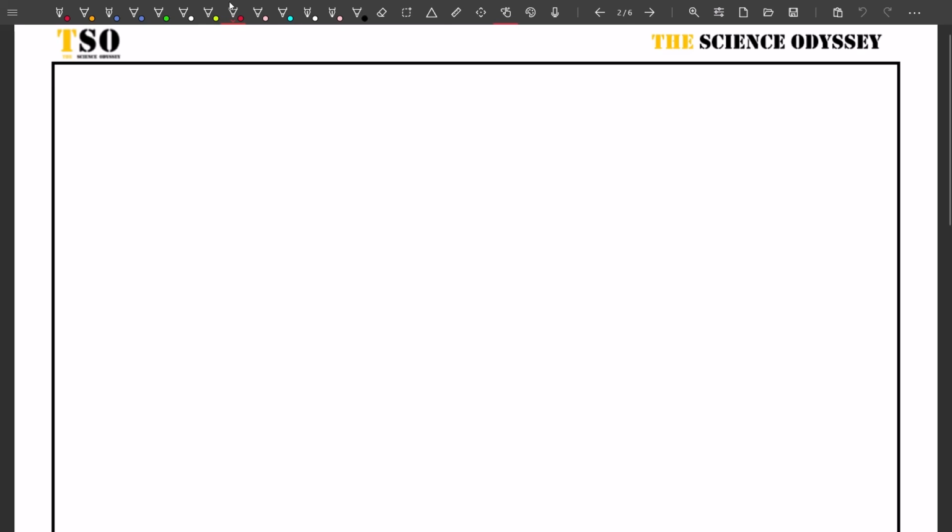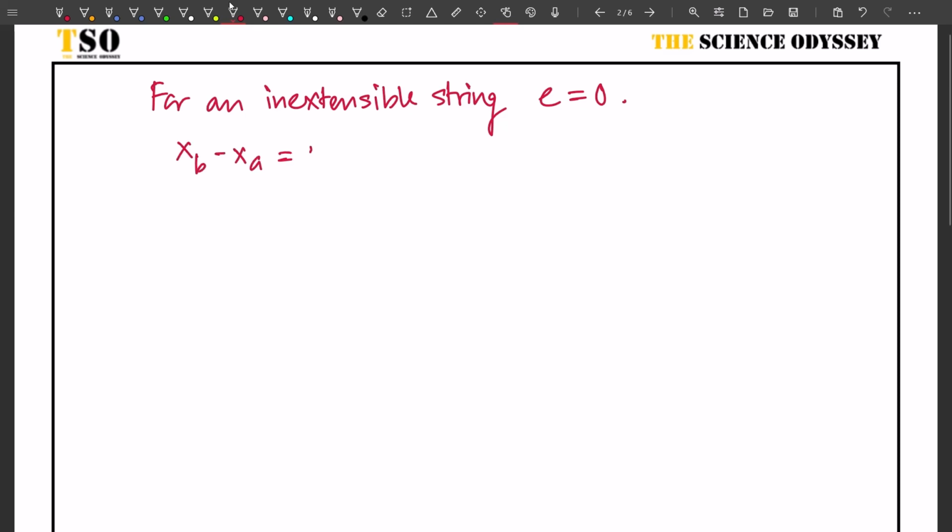Now we know that for an inextensible string the extension is 0. So xb minus xa will be 0, or we can say that xb is equal to xa.